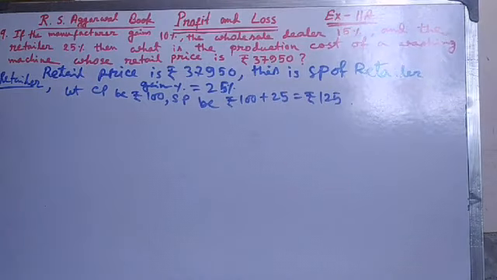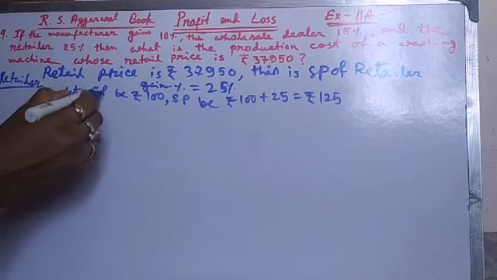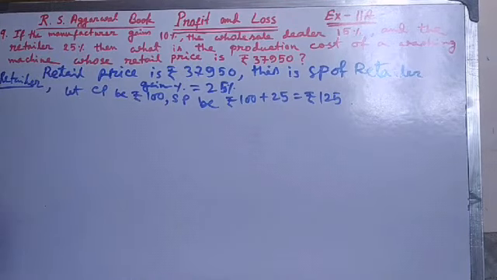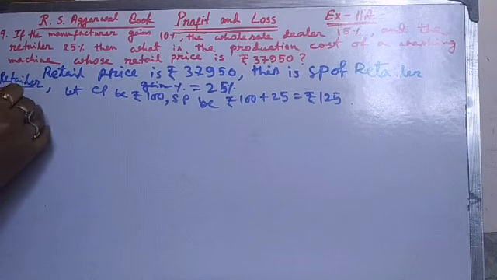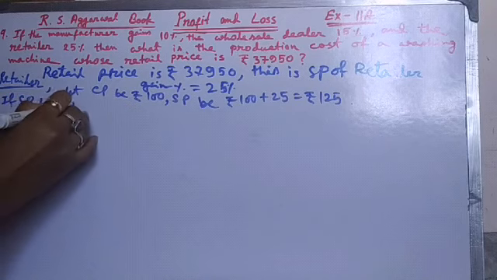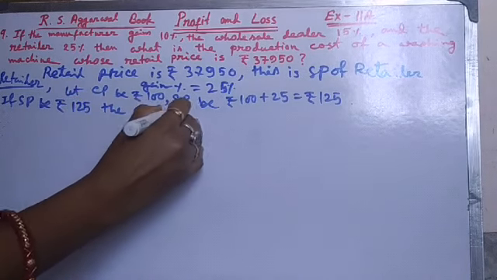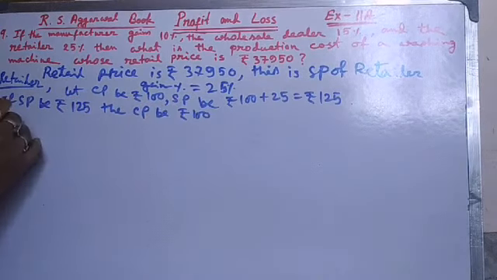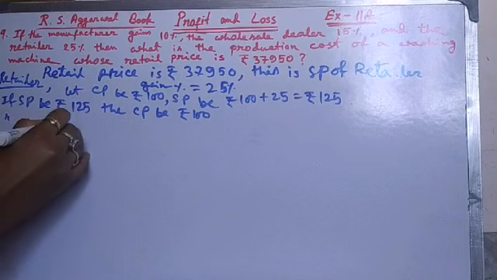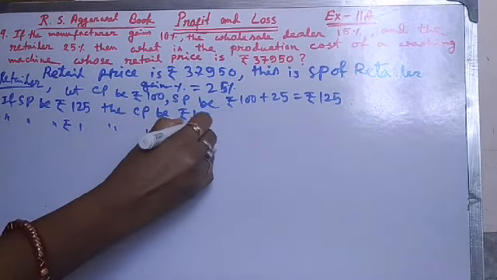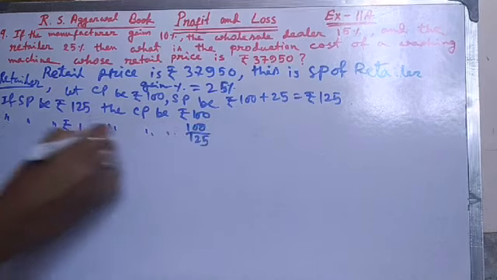So here we will find out CP, that's why CP will be on the right hand side. Same process. So if SP is rupees 125, then CP is rupees 100. So when SP is rupees 1, then CP is 100 by 125.